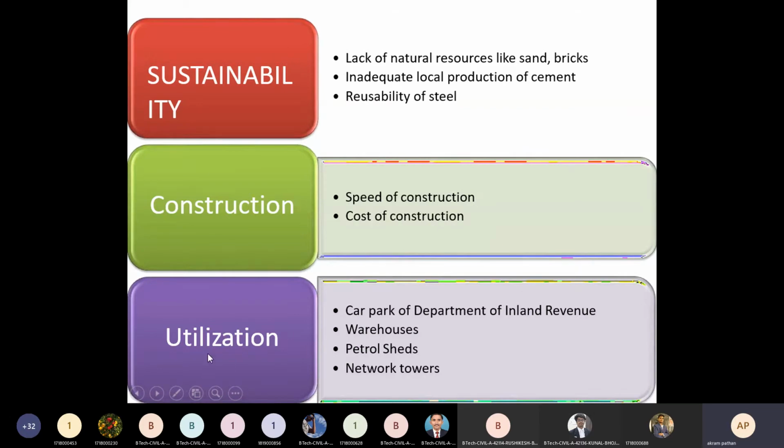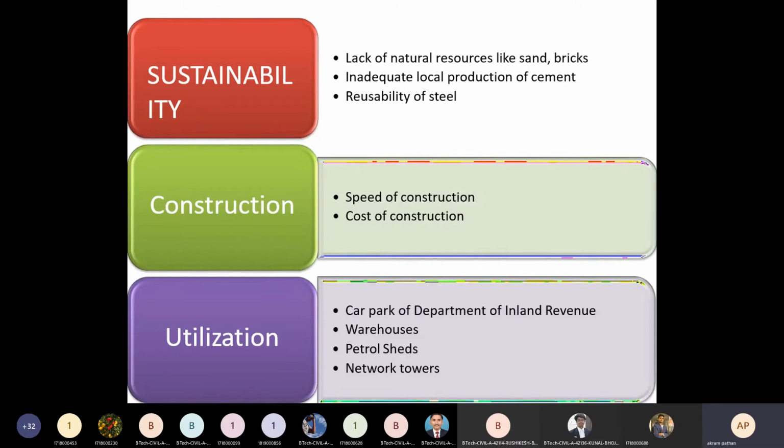Another thing is the utilizations: car parks of the Department of Inland Revenue, warehouses, petrol sheds, or network towers, mobile towers, etc. We can use steel structure for fabrication of any such type of work. This is not limited, but we can construct such kind of work with the help of steel structure.